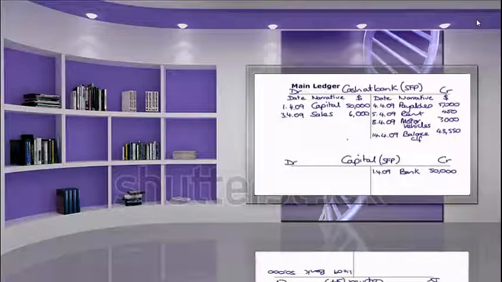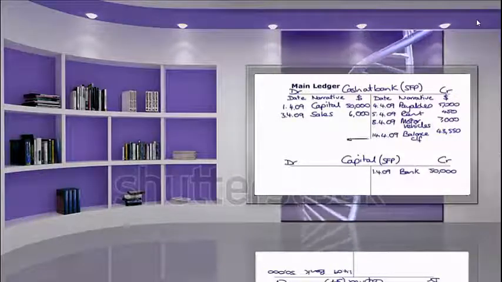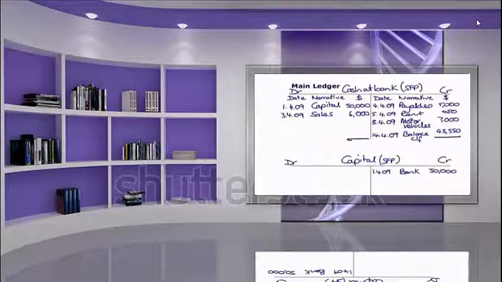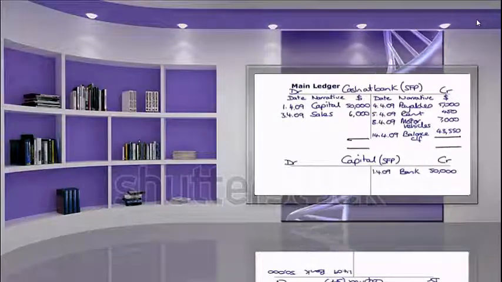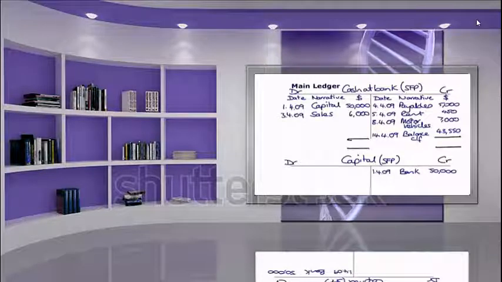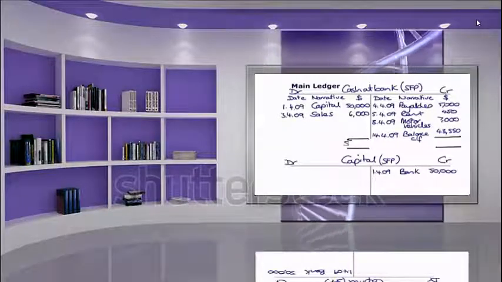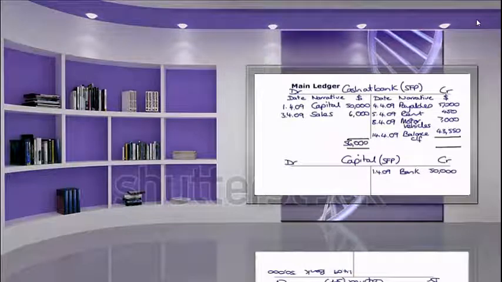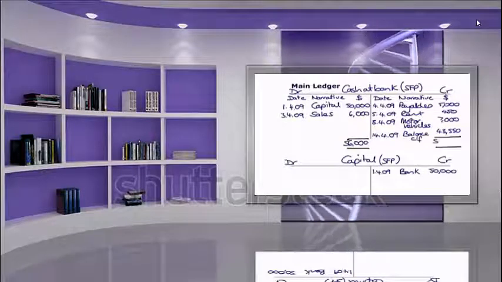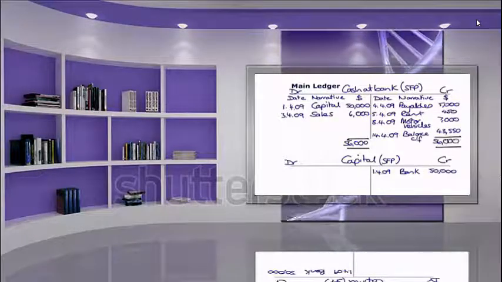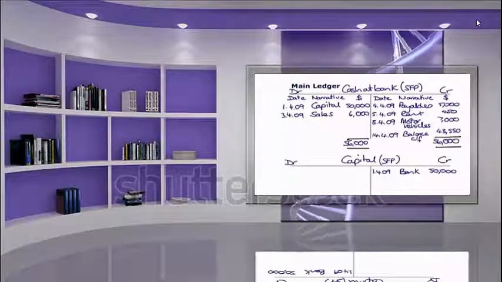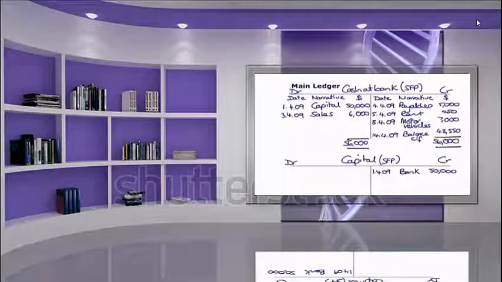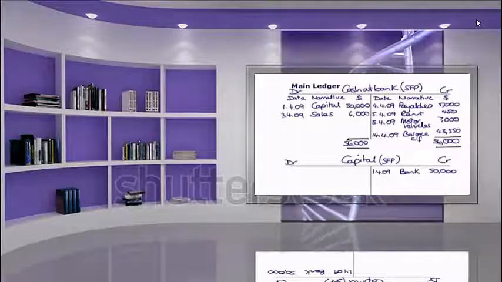So we're going to total the debit and the credit side, and they're both going to total $56,000. And that's our account balanced and essentially closed at the end of those 2 weeks.